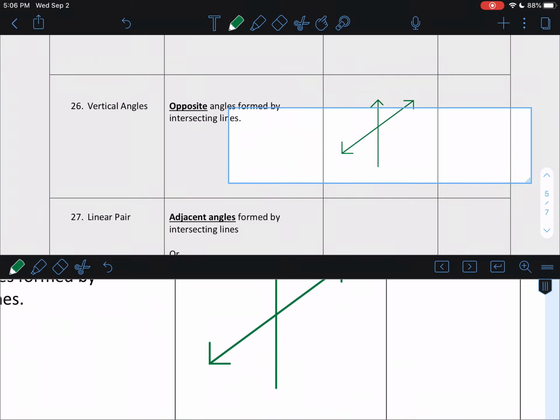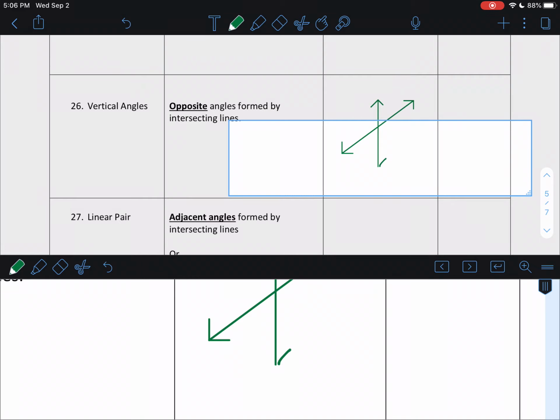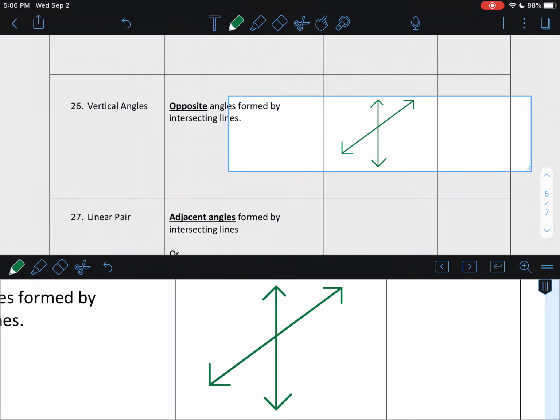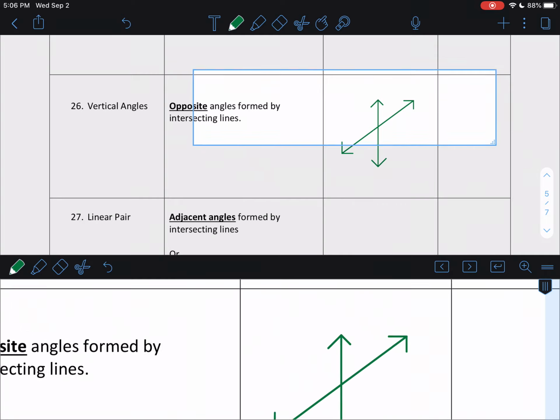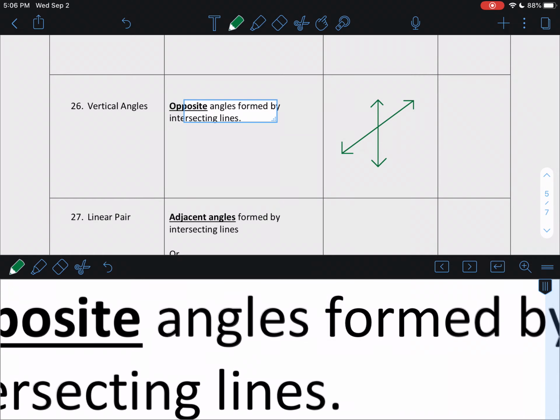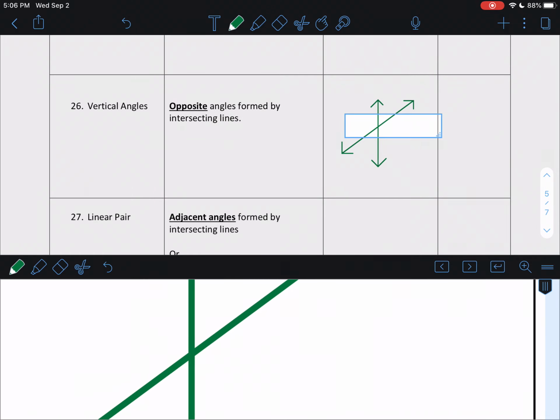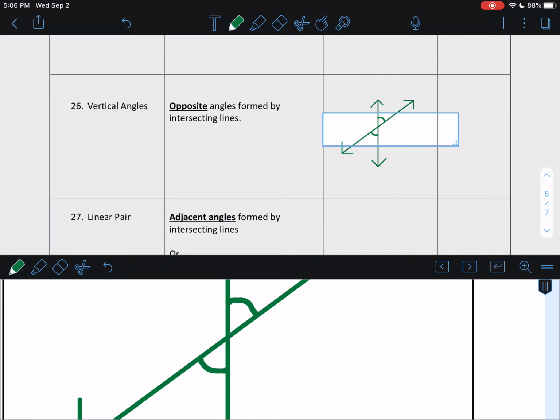Okay. So the vertical angles here are going to be this one and this one. So they are opposite angles, meaning that they are like on opposite sides there.